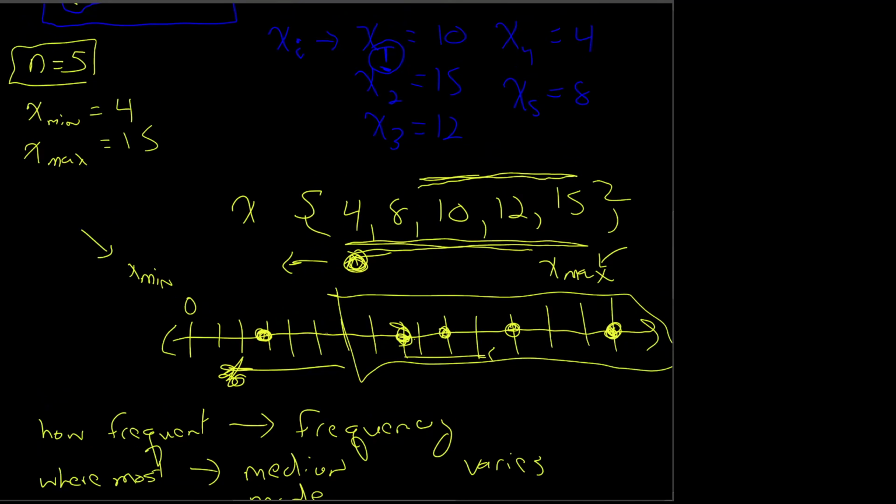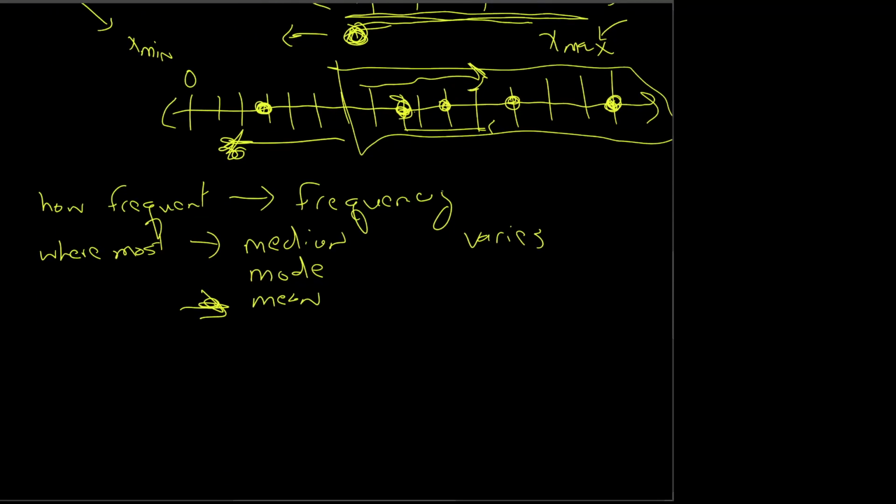I already started here by lining things up on a number line and seeing things are condensed towards one side of a number line. And so I'm borrowing geometry to look for where most of my data is. And we're going to really want to work on those terms. And so chapter 2 starts off with really understanding frequency and how to graph the data.